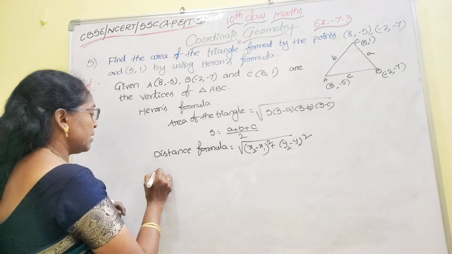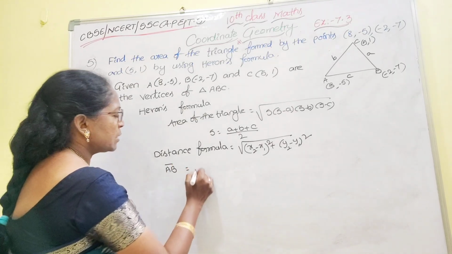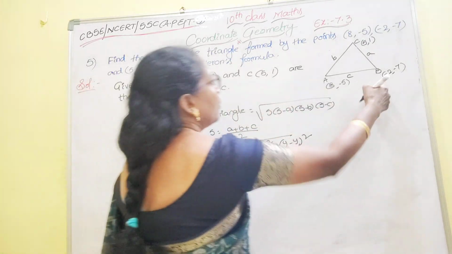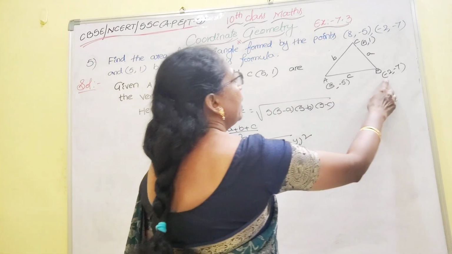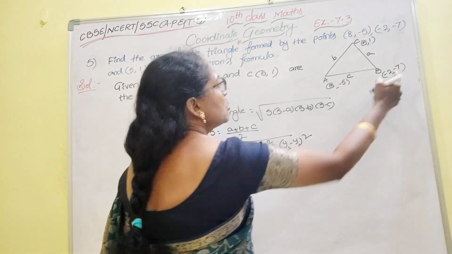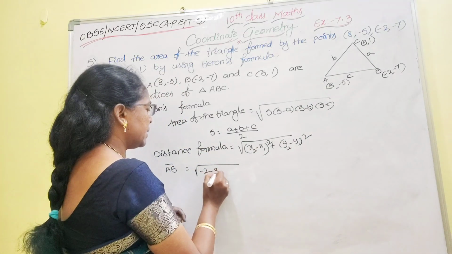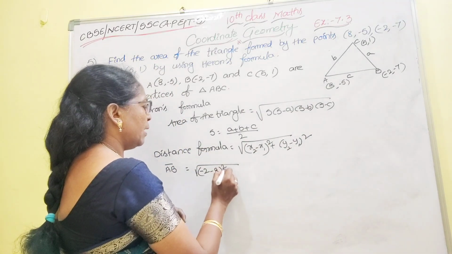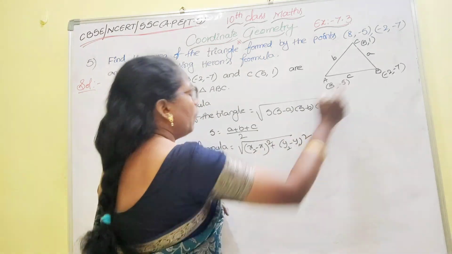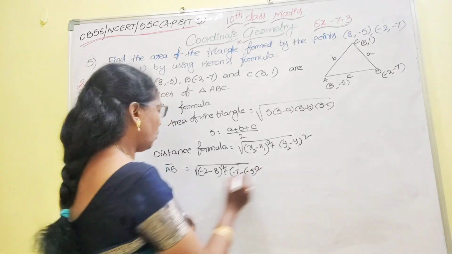Now distance AB equals square root of (x2 minus x1) whole square plus (y2 minus y1) whole square, where for A and B we take x1, y1, x2, y2. x2 is minus 2, x1 is 8, so (minus 2 minus 8) whole square, plus y2 equals minus 7, y1 equals minus 5, so (minus 7 minus of minus 5) whole square.